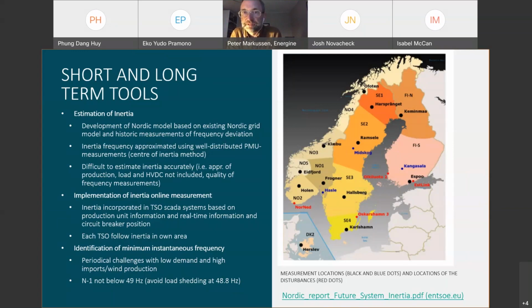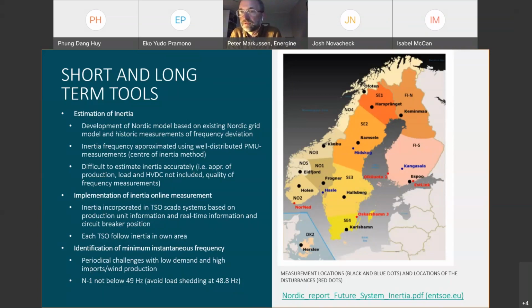Based on that, we have made a validation of this model, and we also made a number of sensitivities where we, for example, looked at what will happen if some of the large nuclear power plants, for example in Oskarshamn or Olkiluoto, tripped.